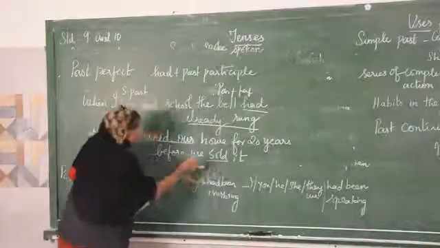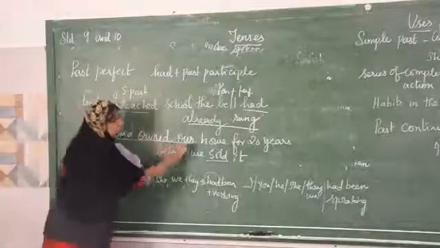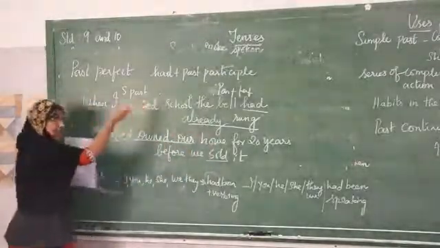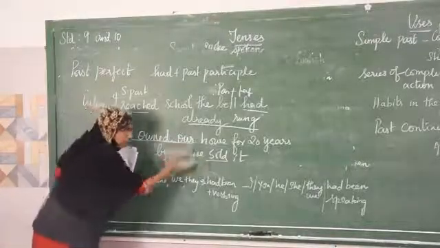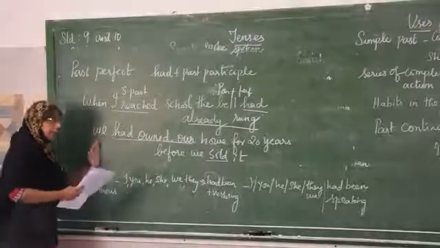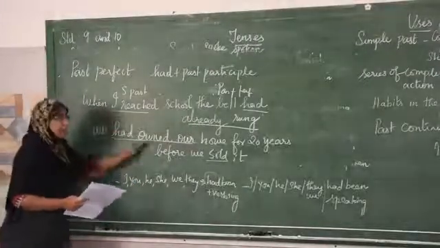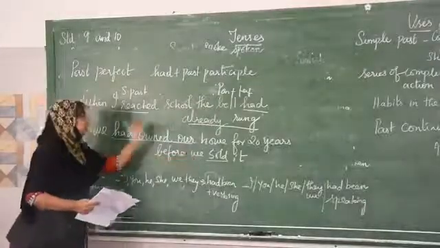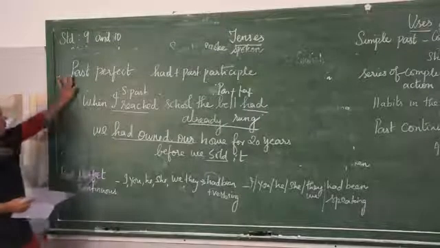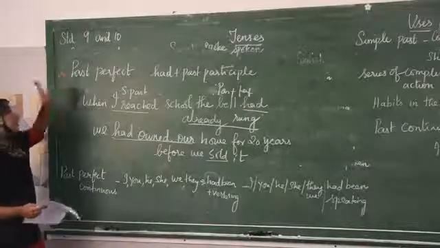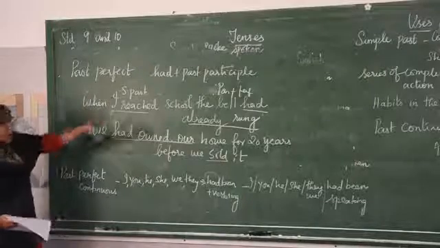Both are in past tense. Now here which action has taken place earlier? Had owned a house for 20 years. 20 years before you sold it. But both the actions are what? Taking place in the past. The action which is taking place earlier, before the simple past tense, you have to mention this in past perfect tense. So past perfect tense is used for an earlier action which took place in the past before the second action took place.